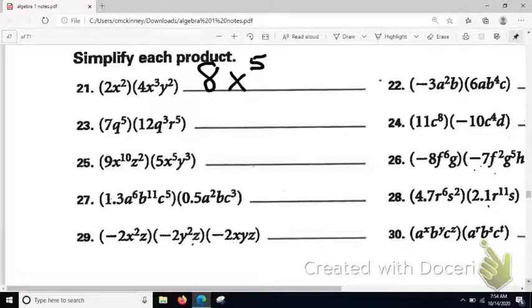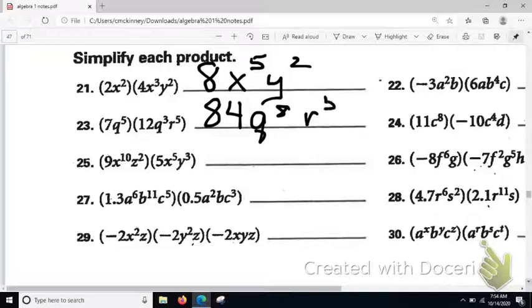So I'm only adding the exponents that are on the same base. And then y is still y to the second because we did not have any more y's to add to that. All right, next one, 7 times 12. I got 84. Q, 5 plus 3 is 8. R to the 5th. Sorry, my 8's not looking much like an 8.